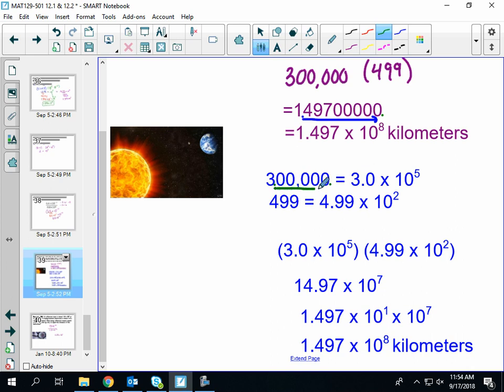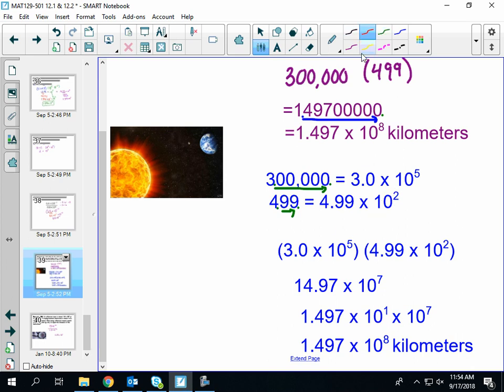When we move, that means we're going 5 spaces to the right. So we have 3.0 times 10 to the 5th power. With our 499, our new decimal point needs to be between the 4 and the 9. So we'd be moving 2 spaces to the right. So we'd have our 4.99 times 10 to the 2nd power.